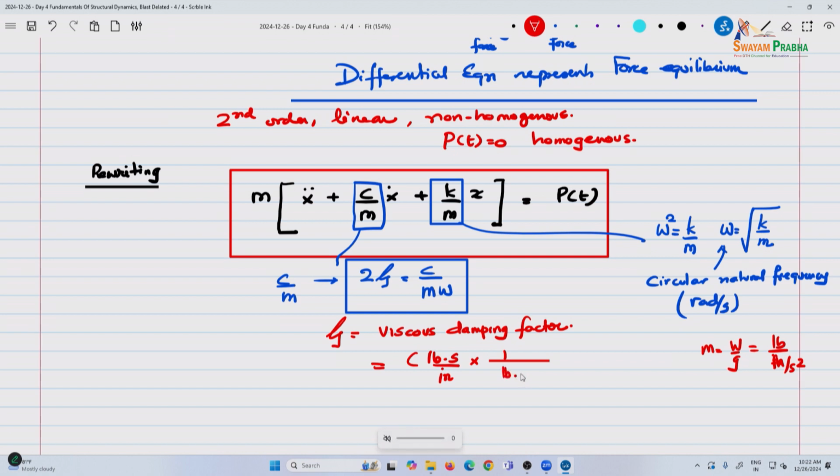So, pound second square per inch, these two cancel out, and omega is radians per second. So, this cancels out. You see all of them cancel out, no units. So, that is why it is just a viscous damping factor.